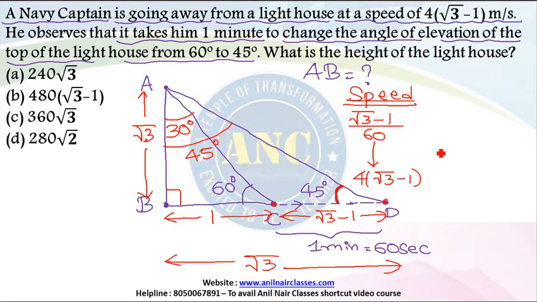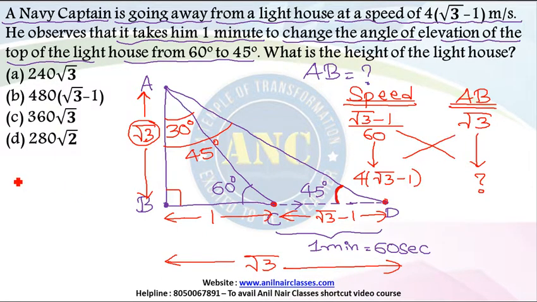Similarly, according to my assumption, height of the lighthouse is AB. AB according to my assumption is root 3 units. According to the question, they are asking how much it should be. If you cannot find the multiplying factor, cross multiply.